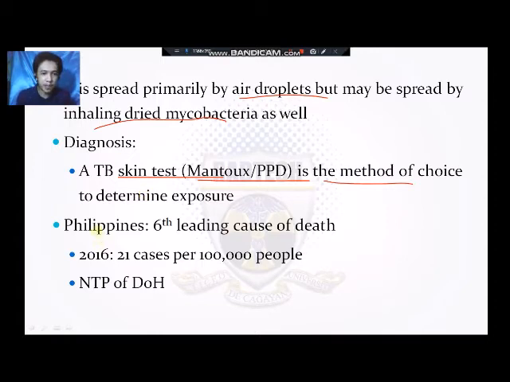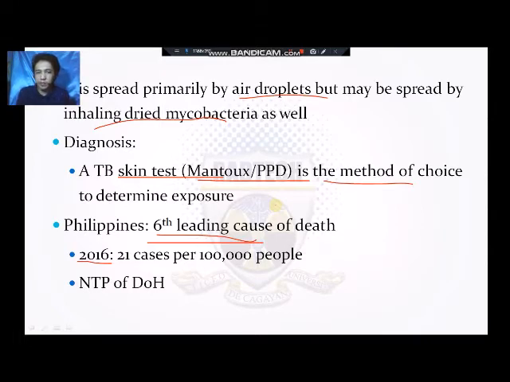Okay, so in the Philippines, these were the 2016 statistics. PTB in the Philippines is the sixth leading cause of death in our country. And then in 2018 it moved to number 8, so other diseases increased a little, so it was a bit delayed, but it still remained in the top 10, right?